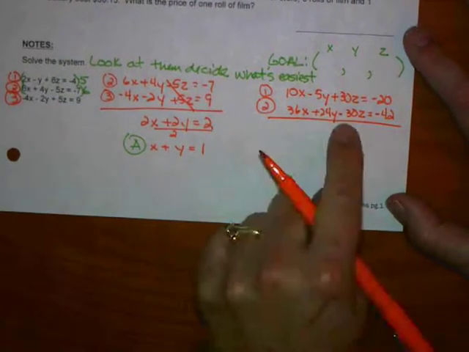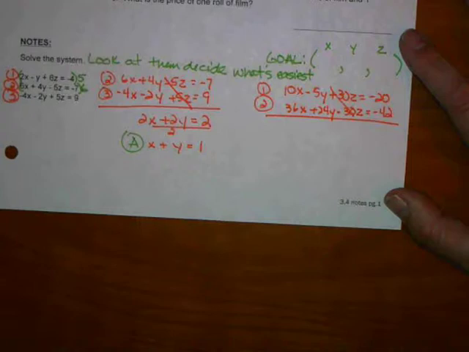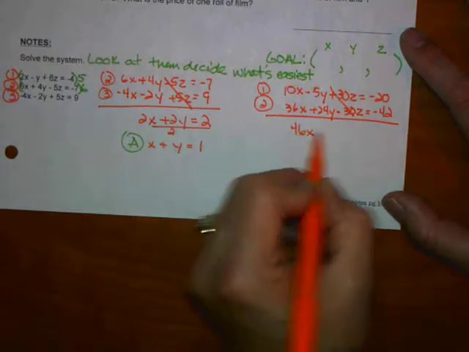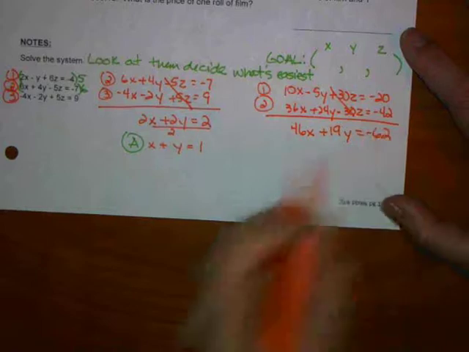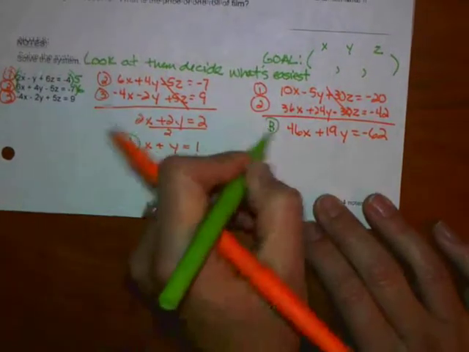Again, my goal is to get rid of z here as well. So that works. I got rid of z. Add down. It looks yucky, but it's going to work. And I'm going to label this B.